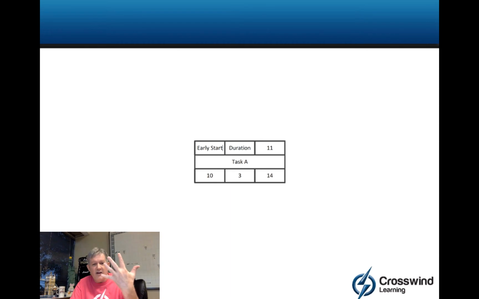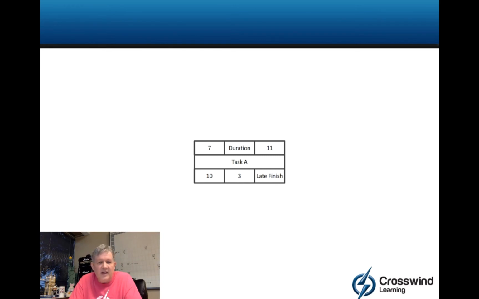So if I know my duration is 5 days, I could go 11, 10, 9, 8, 7. So horizontally, I could count backwards on my fingers. Vertically, I could basically subtract. If I know what my difference is going to be on the right side, I should have the same difference on the left side.